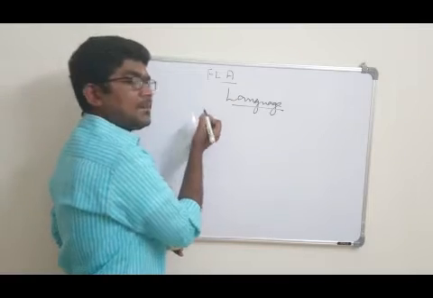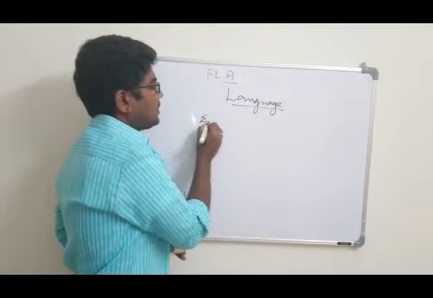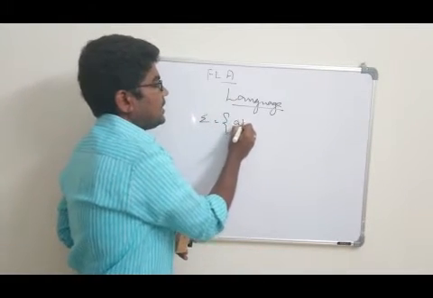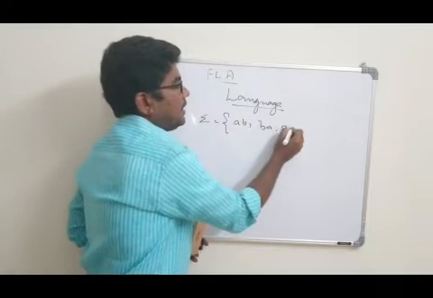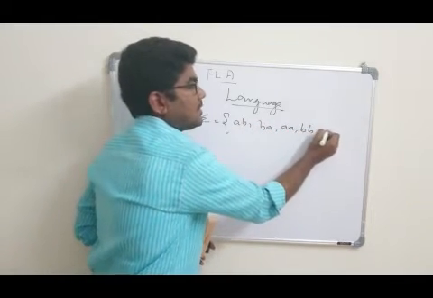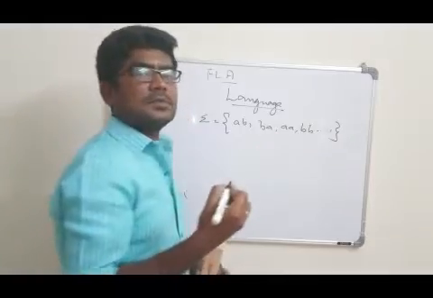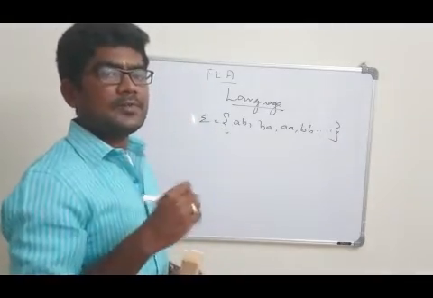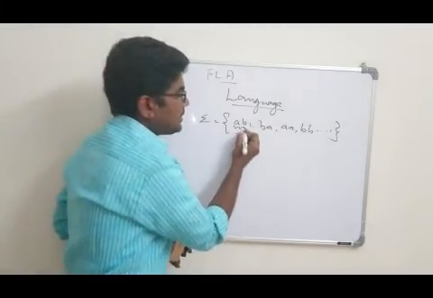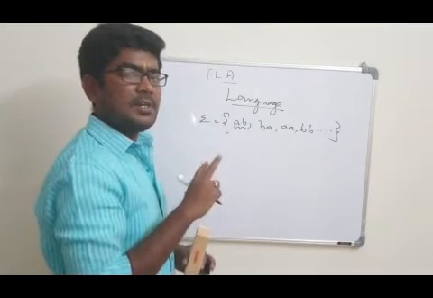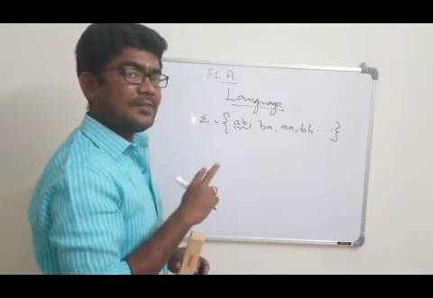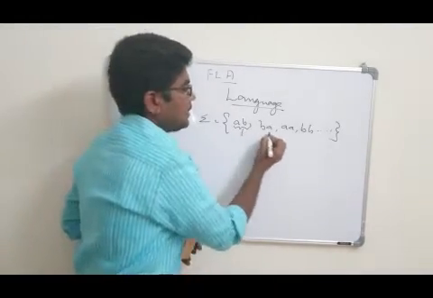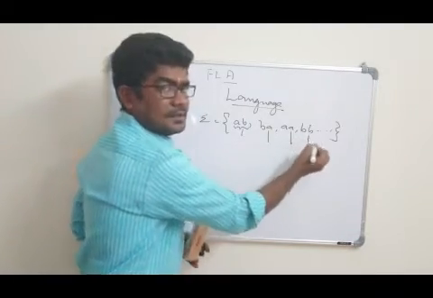So suppose I have something like summation equal to AB, AA, BB, etc. It will go on. This is said to be a set of strings, because each term is a combination of the alphabet. This is one string, this is one string, this is one string, this is one string.